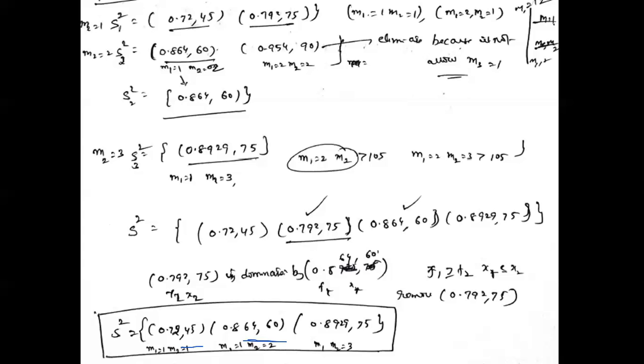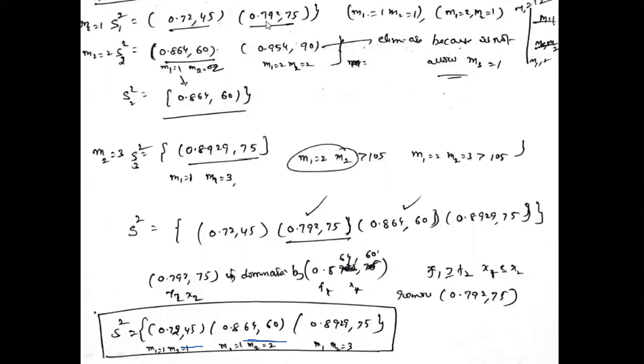Suppose in the first stage a single device and in the second stage a single device, that is m1 equal to 1, m2 equal to 1. Next, suppose in the first stage you are taking two devices and in the second stage one device, that is m1 equal to 2, m2 equal to 1.